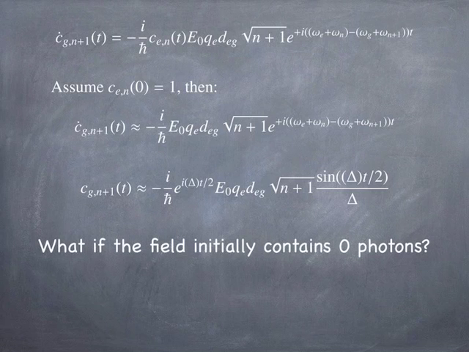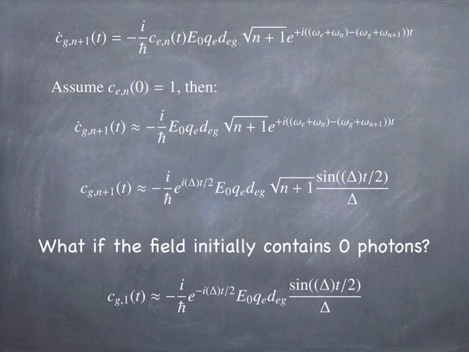What if the field contains 0 photons initially? Well, classically, nothing would happen, because there's no field there. But because that's a square root of n plus 1, you'd still get something, and that square root of n plus 1 is the reason why spontaneous transitions occur, because the field has some non-zero n equals 0 fluctuation, and that causes stimulated emission with no photons.